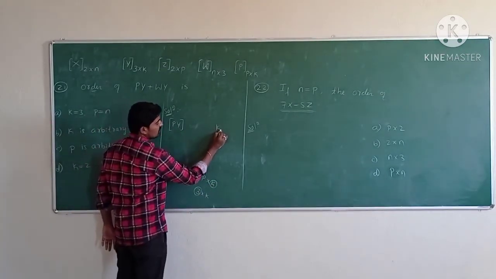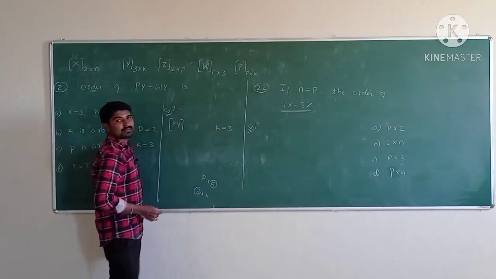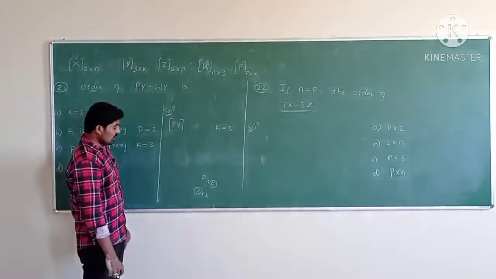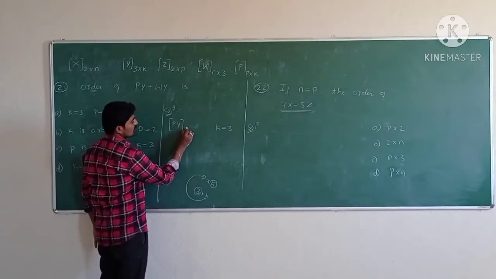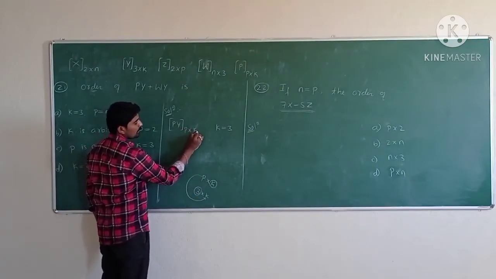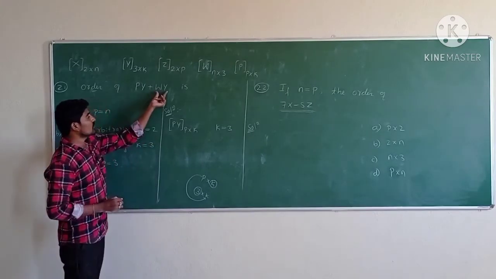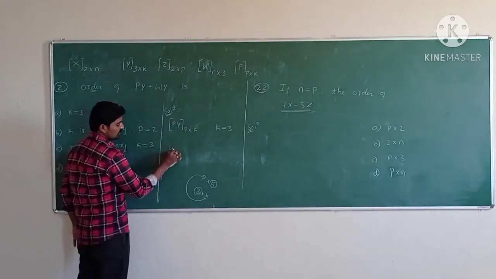First condition is what? k is equal to 3. And now the order of the matrix PY should be p cross k. And now the order of the matrix WY.